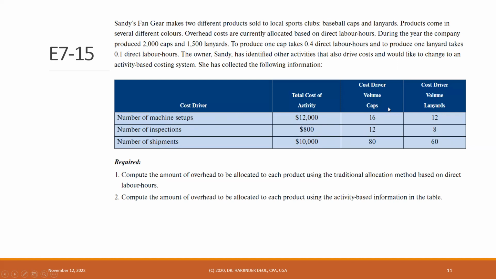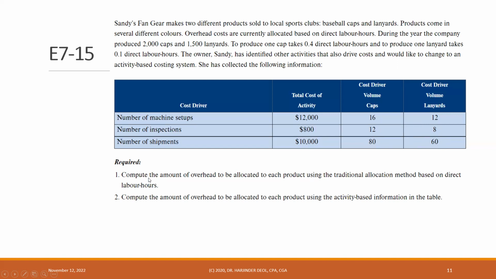And then in terms of the driver, it's the volume, right? For machine setups, there were 16 setups required for the baseball caps, 12 required for the lanyards, 12 inspections were needed for the baseball caps, while 8 for the lanyards. And in terms of number of shipments, we had 80 shipments for the baseball caps and 60 for the lanyards.